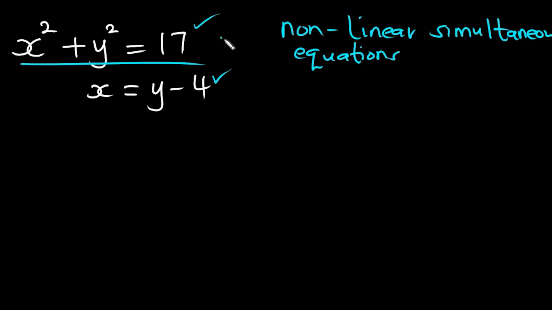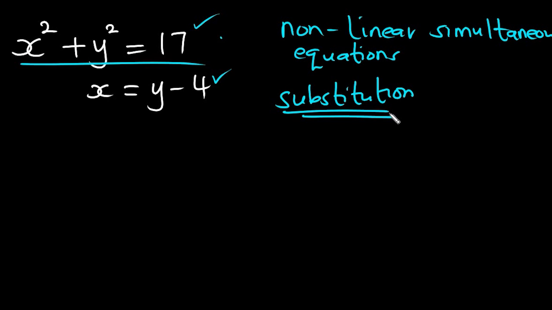So the best method to use here is going to be substitution method. So we are going to use substitution method to solve for x and y. So we're going to have two values of x and also two values of y.